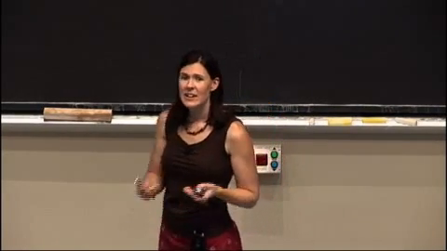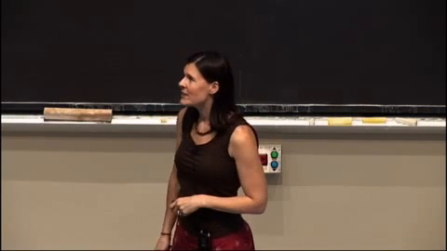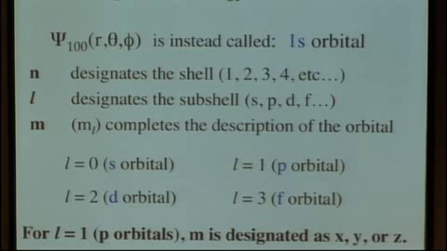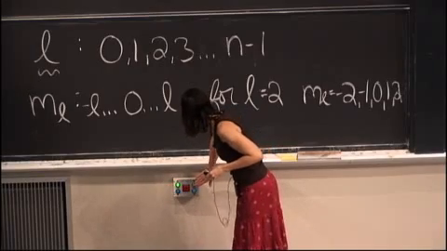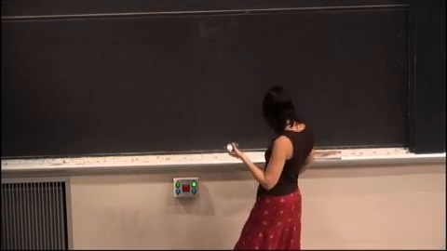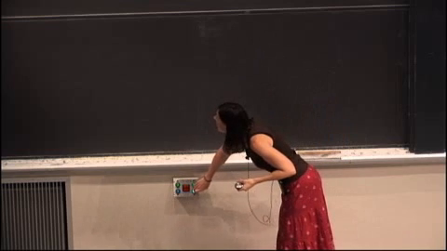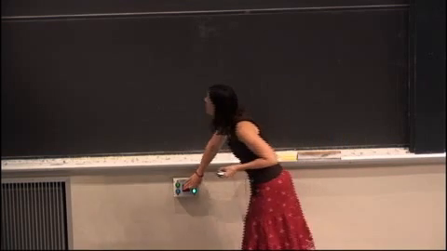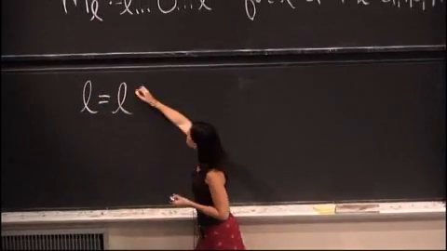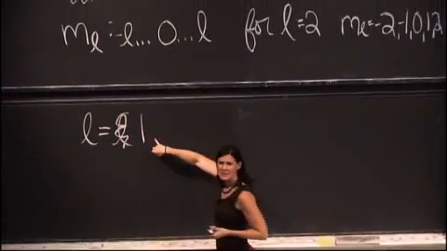In addition to having another name to denote L, we also have another name for the M designation here. So for example, when L is equal to 0, we're going to find that we have to specify what M is as well. All right, so when we have, for example, L equal to 1, what kind of orbital is this?